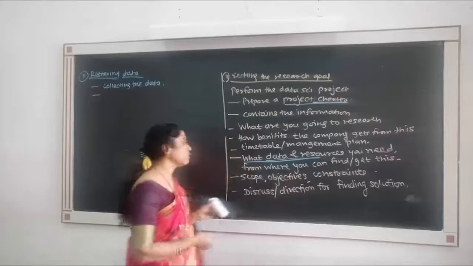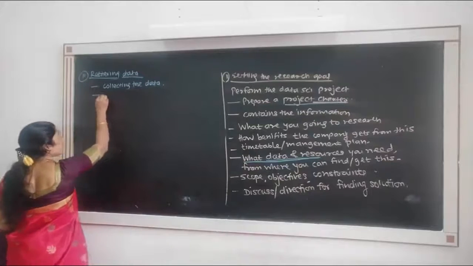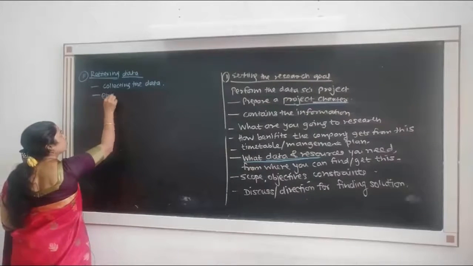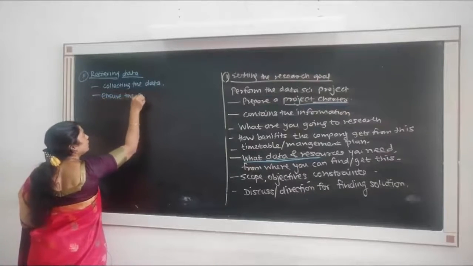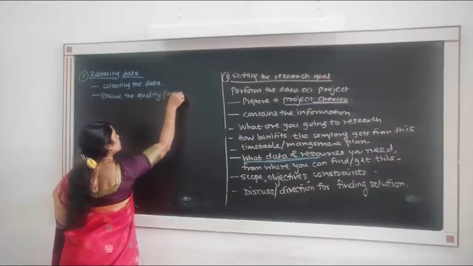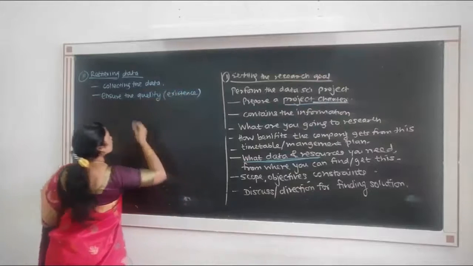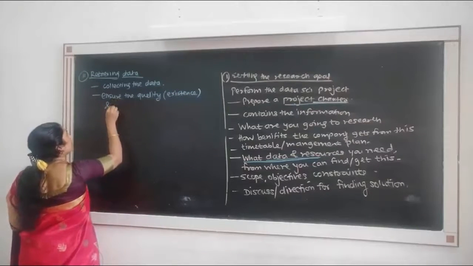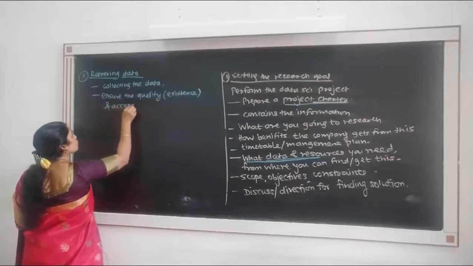Once you have done this, in this step in retrieving the data, you will ensure the quality, I will say existence of that, and also the access to the data.